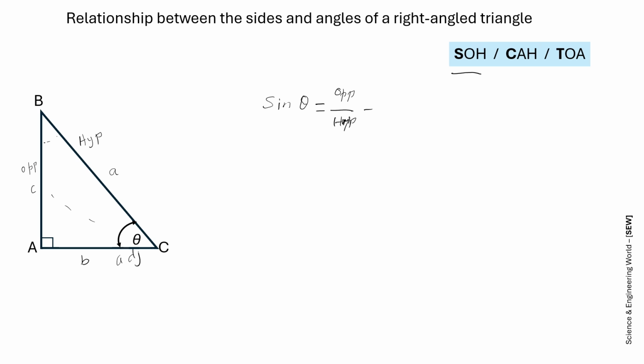And that gives us opposite is c over hypotenuse is a.